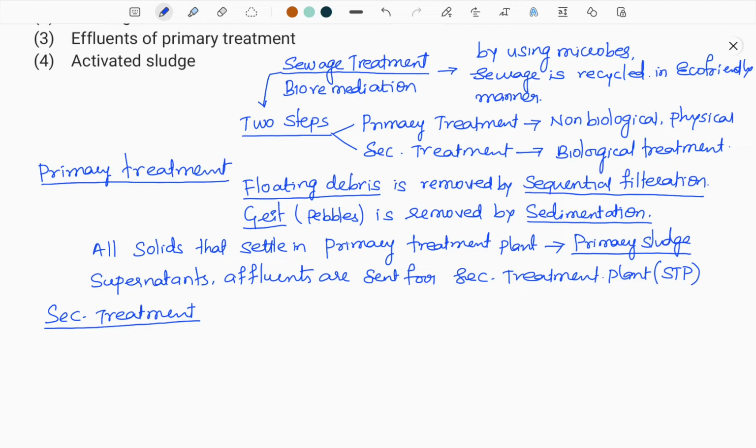For example, if the same organic matter is present on a mountain or in a forest, it can undergo oxidation or degradation without any difficulty because of the availability of oxygen. Generally, in water bodies the availability of oxygen is very low. So when a water body is getting polluted, the main reason is shortage of oxygen.